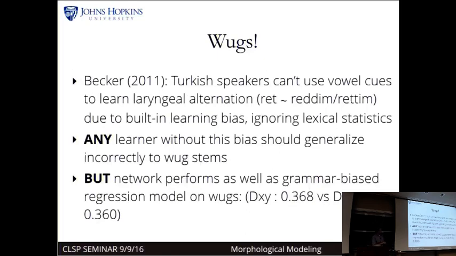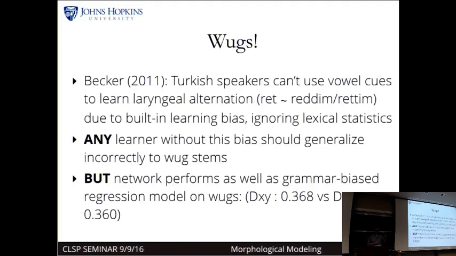And here's another example of networks doing as well as linguistics models. So Becker 2011 had a hand-tuned sort of grammar for predicting when Turkish speakers would prefer to produce a laryngeal alternation on WUG stems. Laryngeal alternation in this case just refers to whether or not they're going to change the voicing on the last sound of a particular WUG stem when they add a particular affix to it.